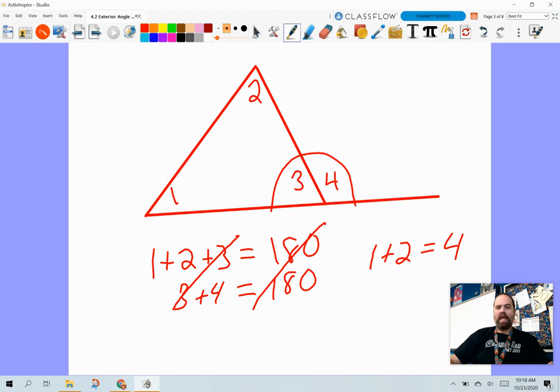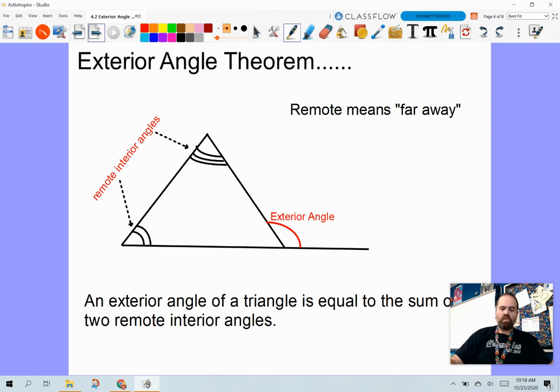Now, I left out my angle symbols, so if you're just skipping through this, you see something like 1 plus 2 equals 4. That might be a little confusing. But I've got a little bit better picture here. What we're looking at is the measure of an exterior angle. If I extend out that side of a triangle, I create an angle outside the triangle that's still related to the triangle.